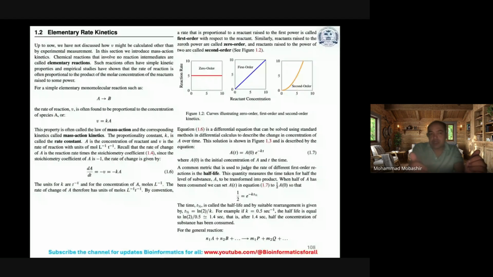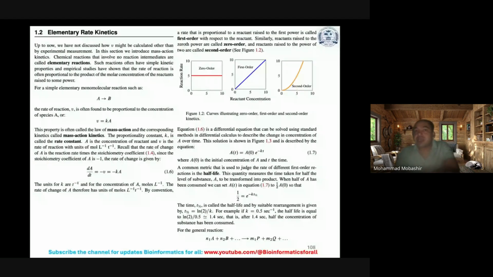Now, recall the rate of change of A is the reaction rate times the stoichiometry coefficient. Since the stoichiometry of A is -1, the rate of change is given by dA/dt equals -V, or equals -K times A. So this is very simple.